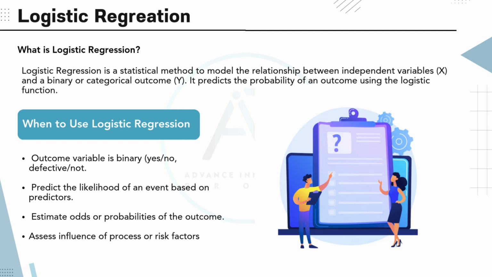Now, what makes this technique powerful is that it doesn't just say whether something will happen, it tells us the probability of it happening, using something called the logistic function, also known as the sigmoid curve.